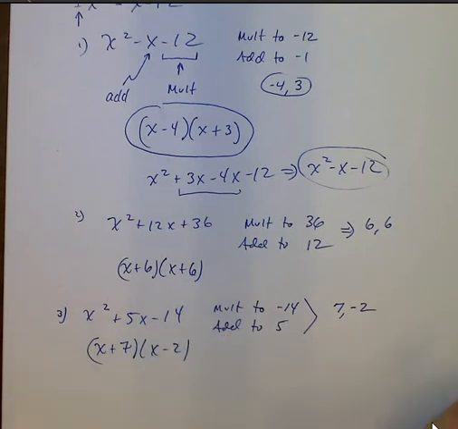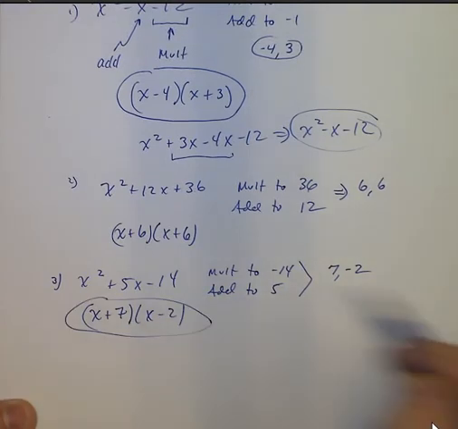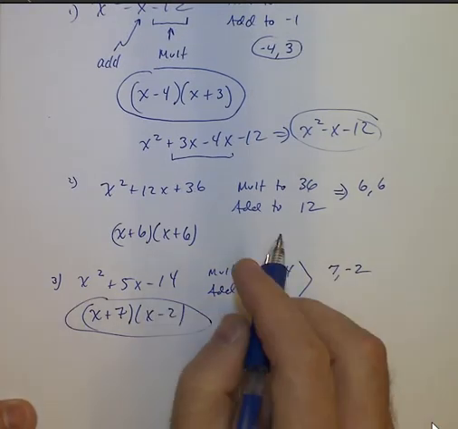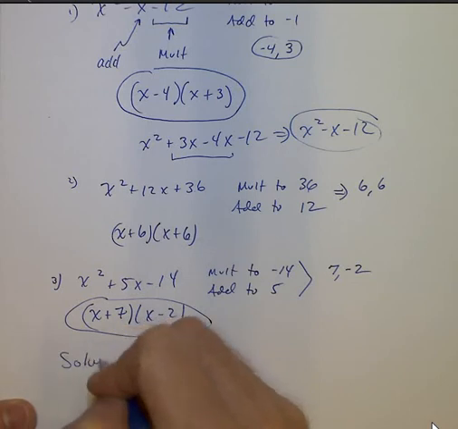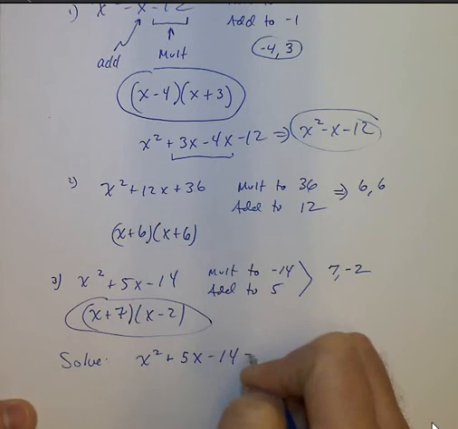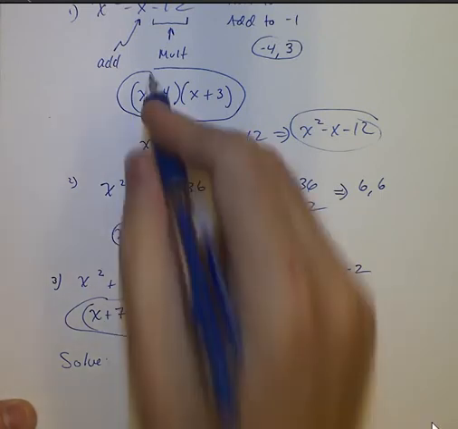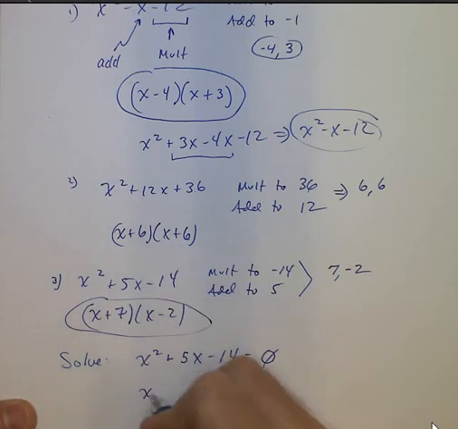Now, if the problem says factor, then you're done. If the problem said solve, meaning if I give you this same problem and I set it equal to 0 and say solve, you're going to go through and factor just like we did here, and get to the step that we just got to.